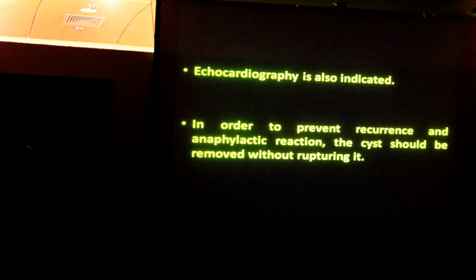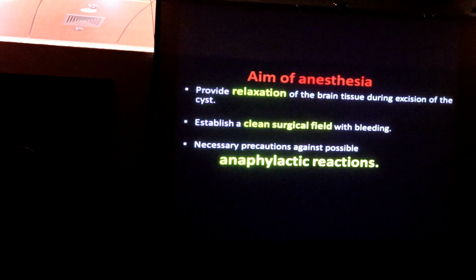Echocardiography is of utmost importance, especially in pediatric patients, just to see how these cysts have occurred in the brain, because most of these patients, especially pediatric patients, have either patent ductus arteriosus or ASD. So in order to prevent recurrence and anaphylactic reaction, the cyst should be removed without rupturing it, as Dr. Ibrahim has stressed.